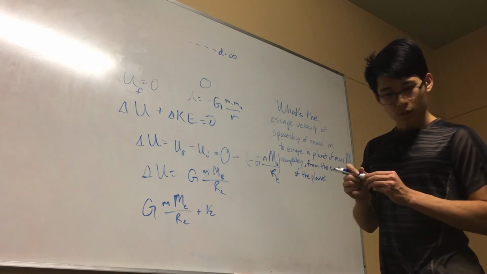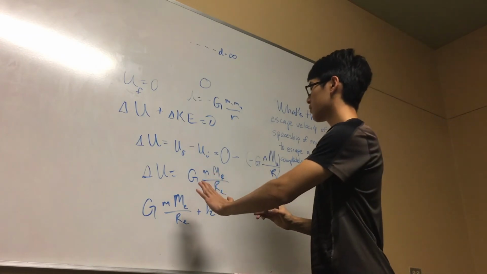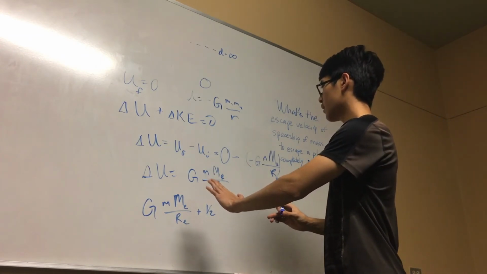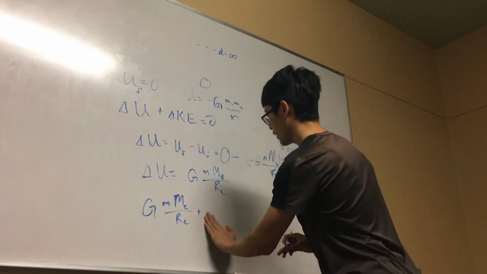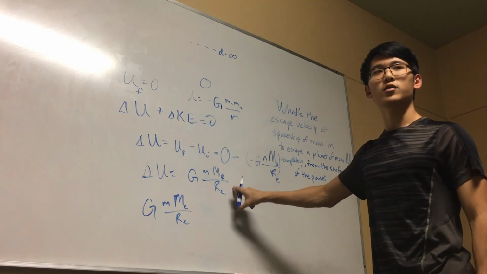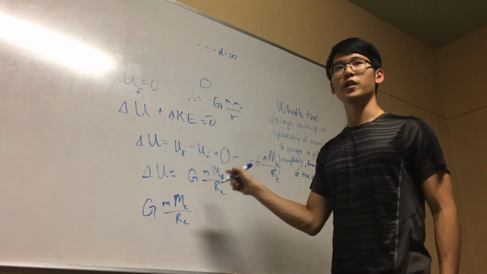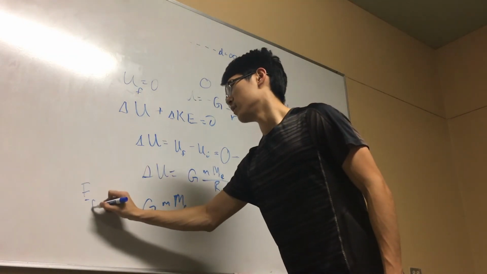We know that, so you can set them equal to each other. This is the energy it needs to gain in order to reach escape velocity. Energy final is equal to energy initial.